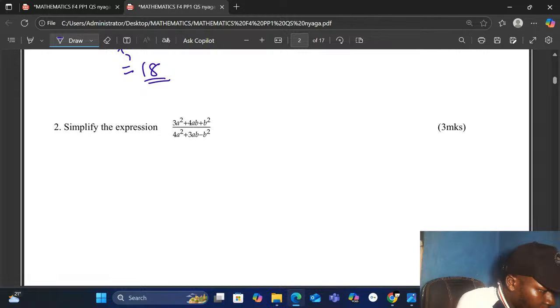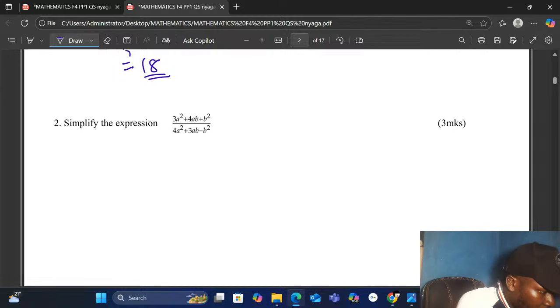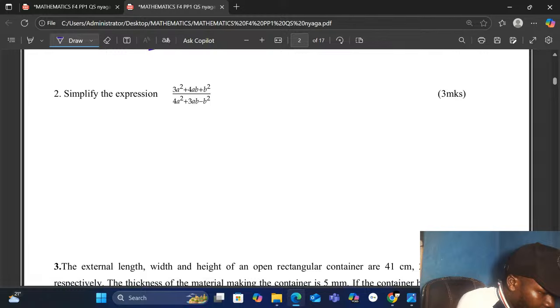Question number 2: simplify the expression 3a squared plus 4ab plus b squared, divided by 4a squared plus 3ab minus b squared.